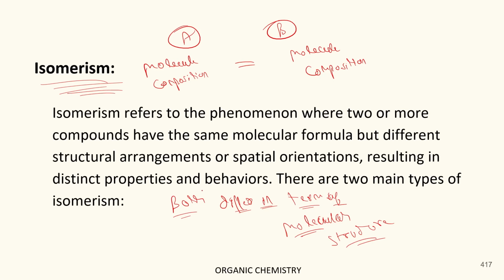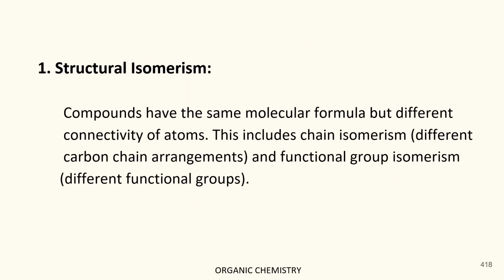Got it? When two compounds A and B or any other compounds have the same molecular composition but different molecular structure, this condition is known as isomerism.